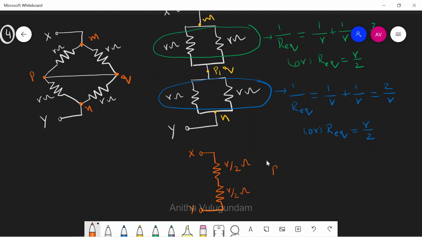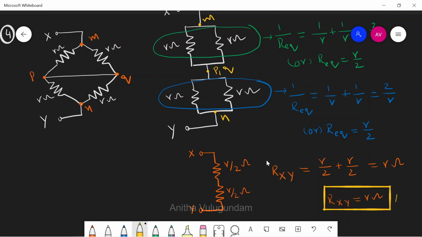We can write equivalent resistance across XY equals R by 2 plus R by 2 because these two resistors are in series. This can be written as R ohms. The answer is Rxy equals R ohms. This is the answer.